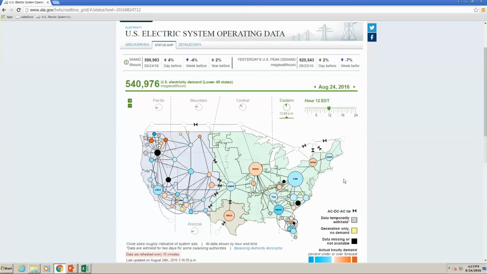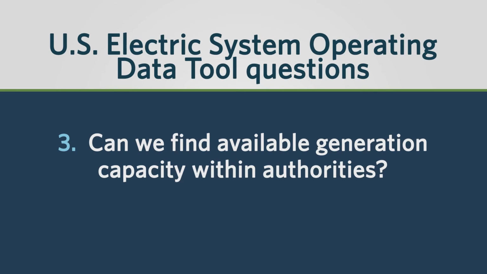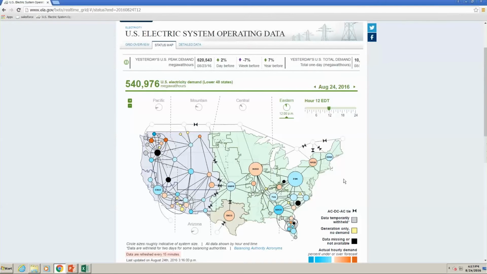Switching gears, the next question is, can we find available generation capacity within authorities? So not directly in this tool.